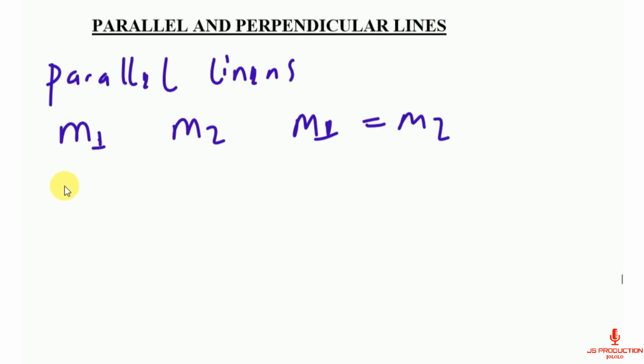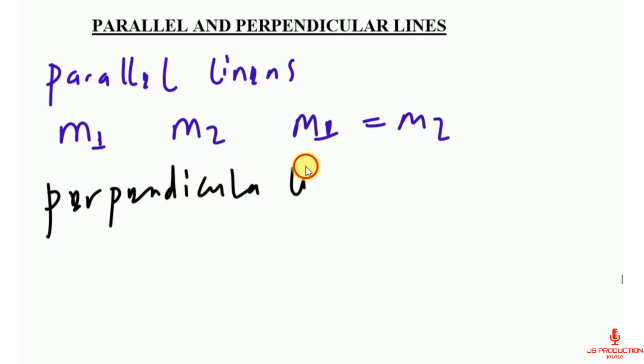Let us look at two perpendicular lines. So if we have these two gradients as M1 and M2, we know that the product of the gradients of two perpendicular lines is equal to -1.